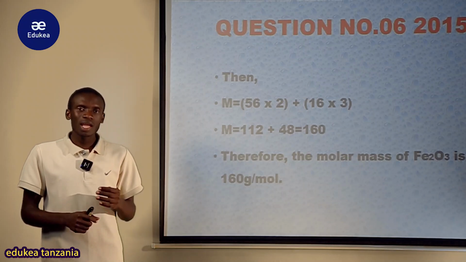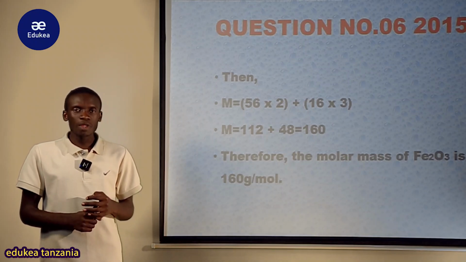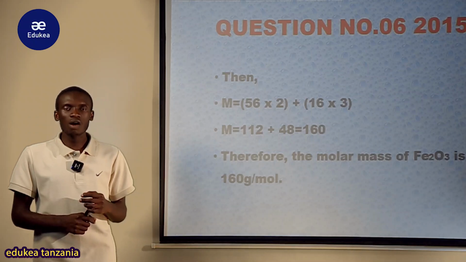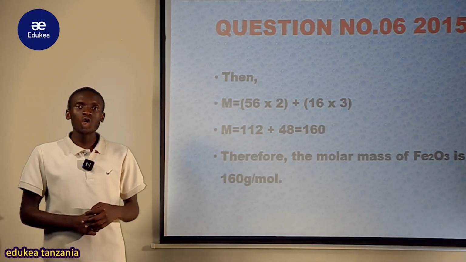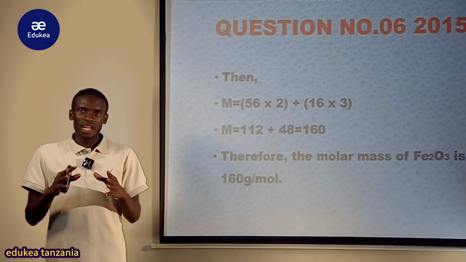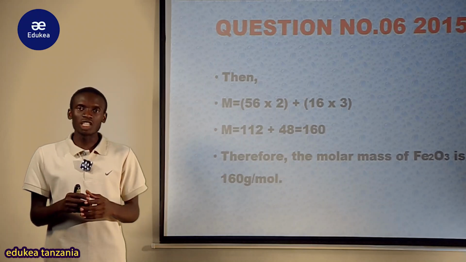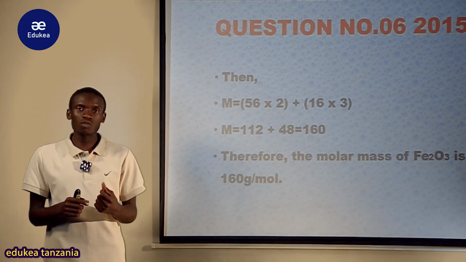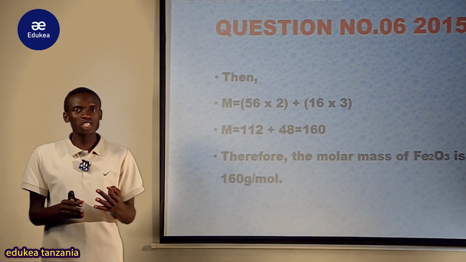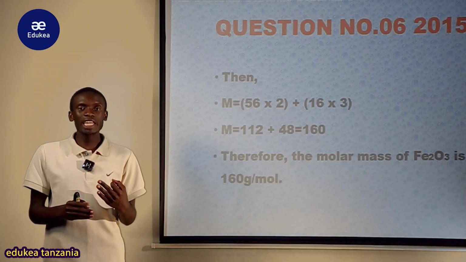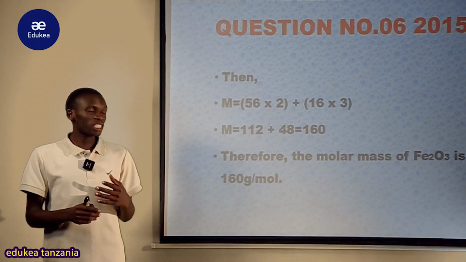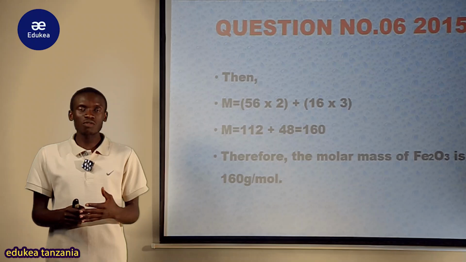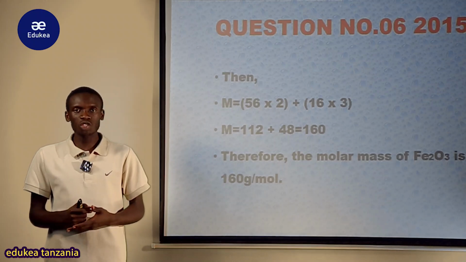After then, let's see on part C. Part C of the question, a student was supposed to determine the physical change and the chemical change for the given question. You are required to say whether the rusting of iron sheet is a chemical change or physical change, and whether burning is a physical change or chemical change.